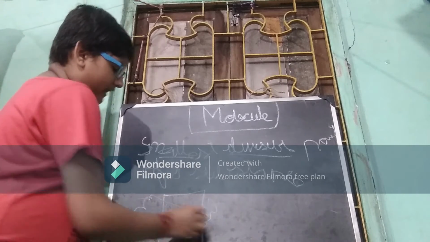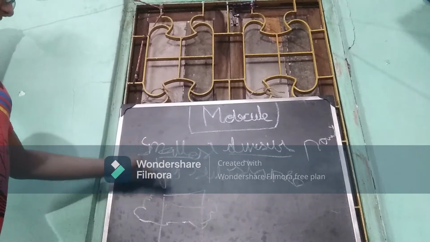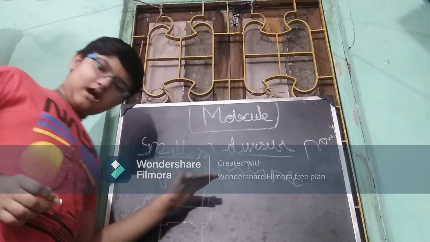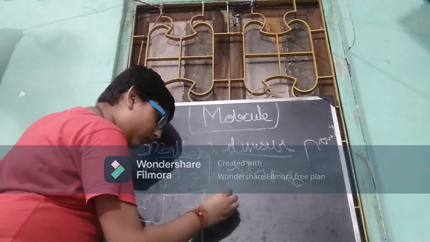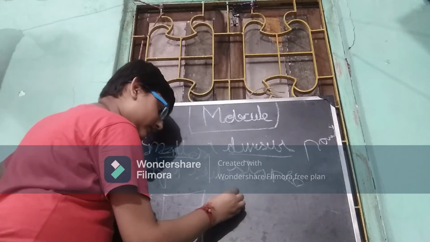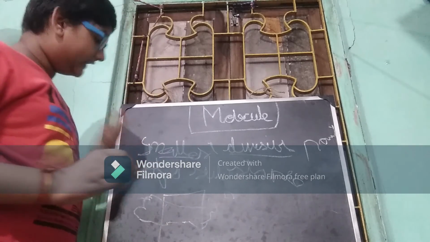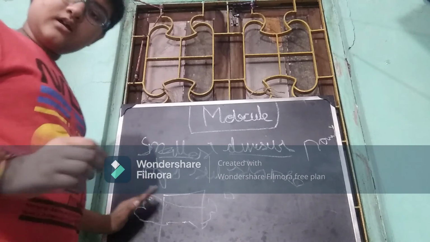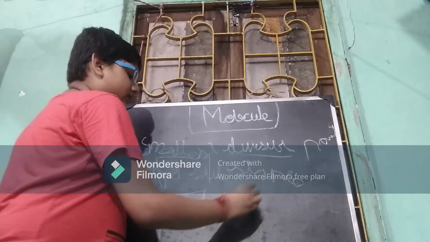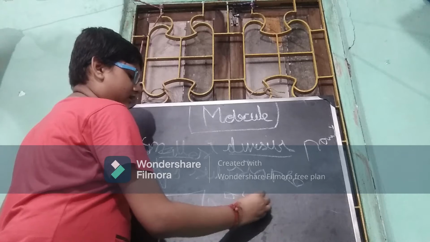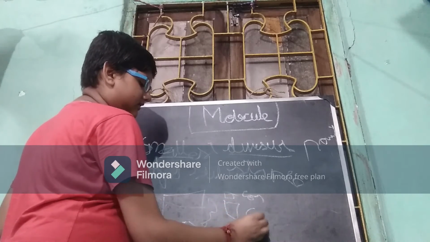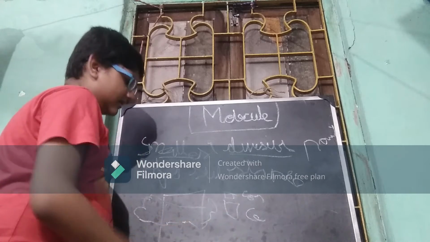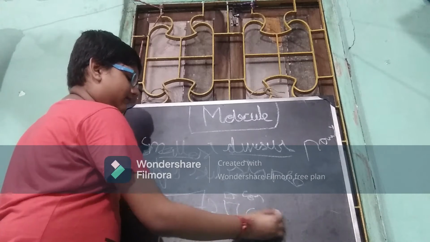So as they are so big, at first they hold the substances which are used for making that skyscraper, like concrete. I am writing CO. Then cement. I am writing CM, sorry.